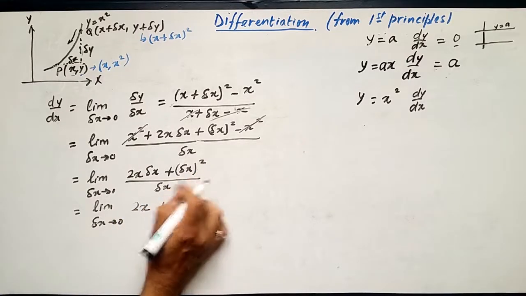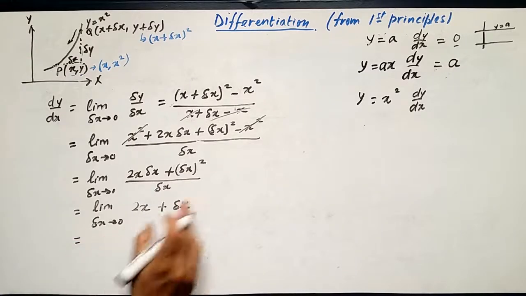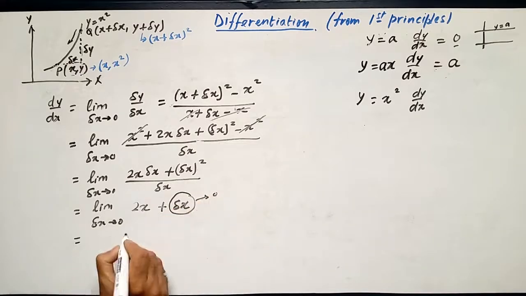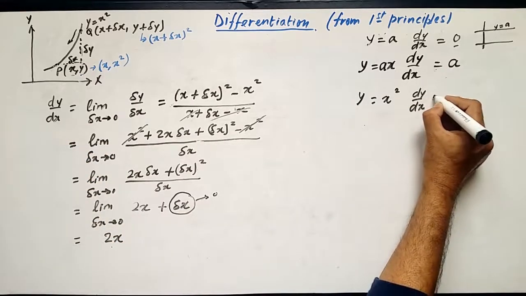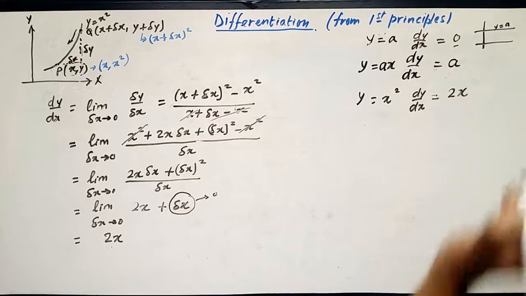Delta x whole squared divided by delta x, we will be getting delta x. So as delta x tends to 0, this part will be approaching 0. So the limit dy by dx now will be equal to 2x. So we can say here, when y is equal to x squared, dy by dx is 2x.